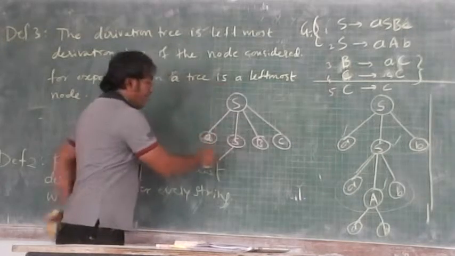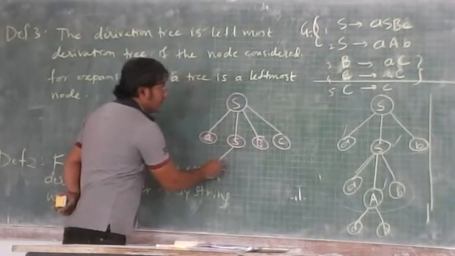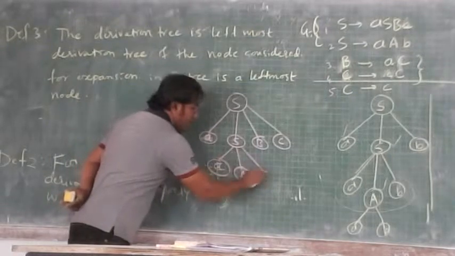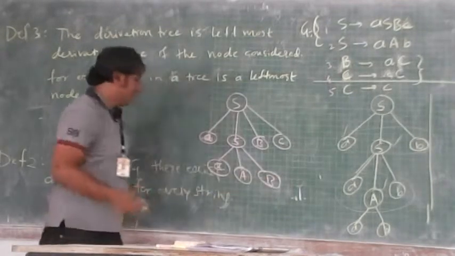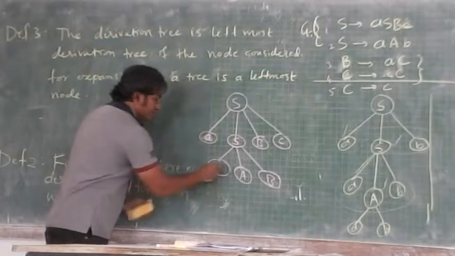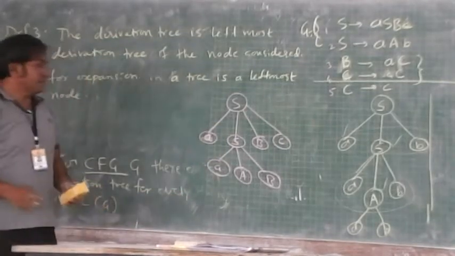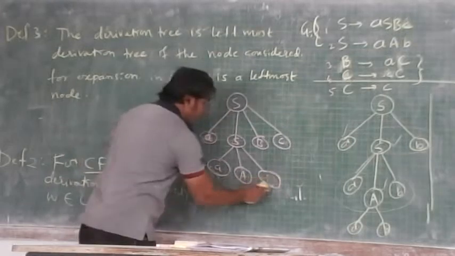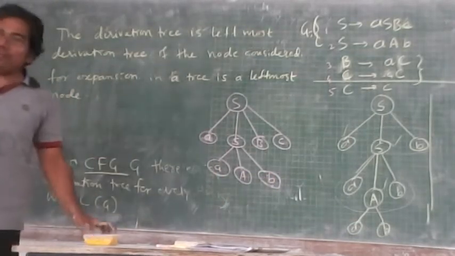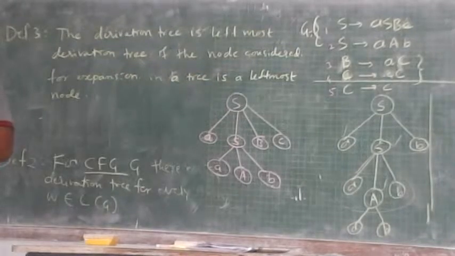So I can apply the second production, that is A, B. Again in this case, this B is small. Which variable do you consider for further expansion?